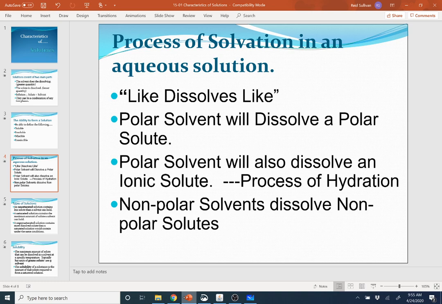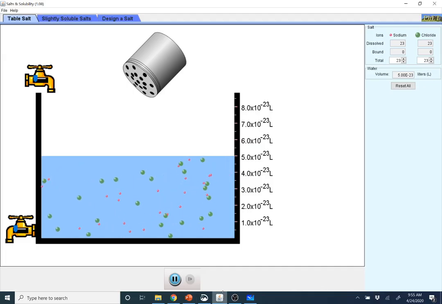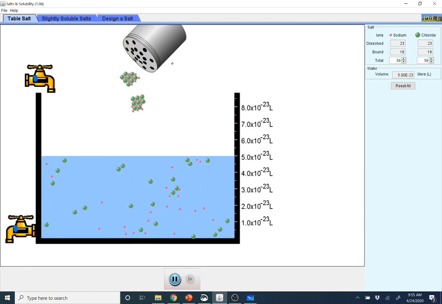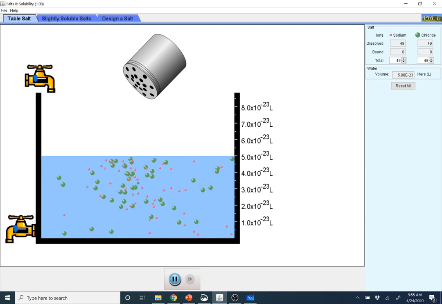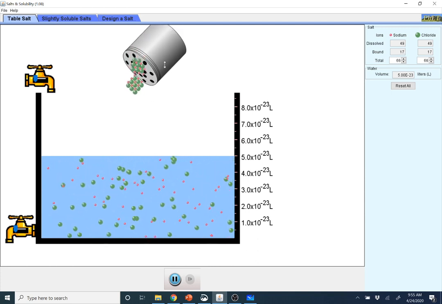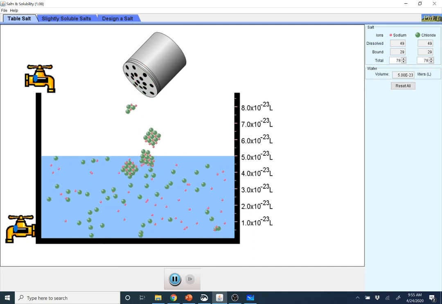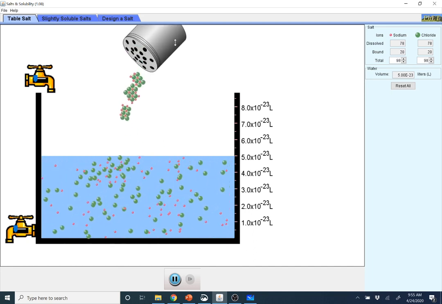All right, so getting to the stuff that was on the quiz, we have saturation. So what's saturation? Well, let's go back to our little demonstration. If I keep adding salt, that means that there need to be water molecules to come in and split up those sodium and chlorine ions. Well, eventually, all of the water molecules are going to be used.